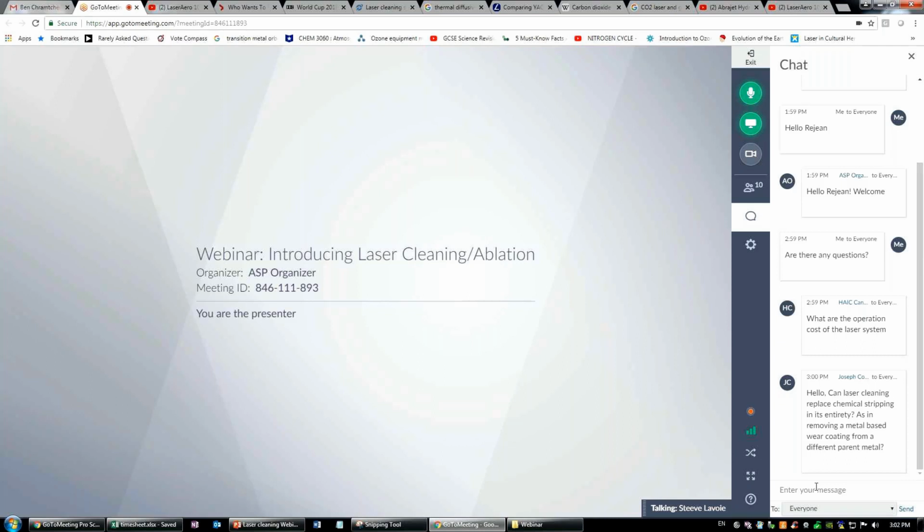So the answer is yes and no. Sometimes it works, sometimes it doesn't work for replacing chemical. Yes, so it's case by case. It also depends, Steve, very much on the absorption coefficient for the different metals. If they're close to each other for that particular wavelength of laser, then no. But if they are different from each other, then the answer is yes.